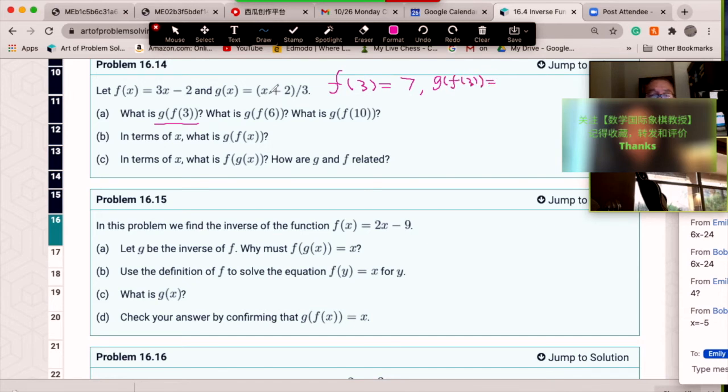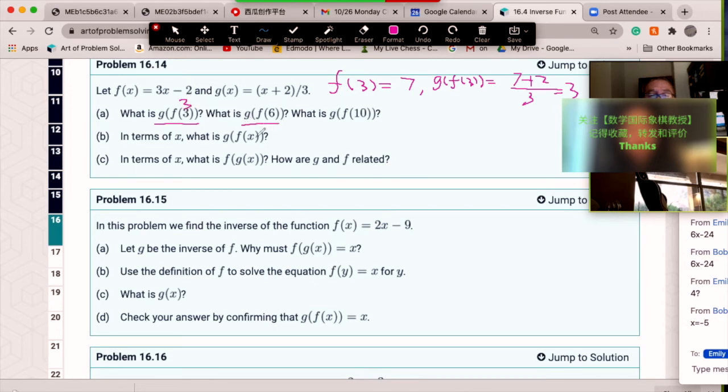That means you need to plug 7 to here. So that's 7 plus 2 divided by 3. So you got 9 divided by 3, you got a 3. So the value equals 3.